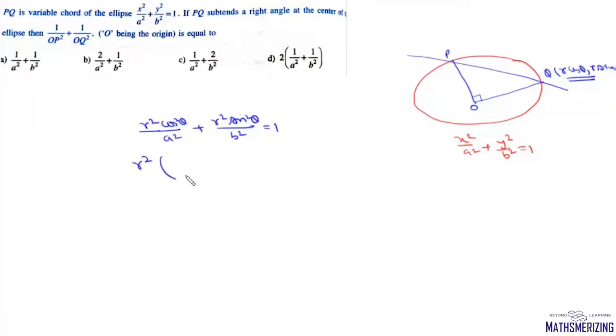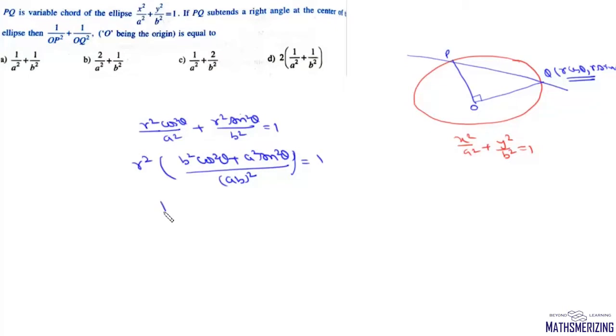So we can write r square times (b square cos square theta plus a square sin square theta) upon a square b square, and this value is 1.